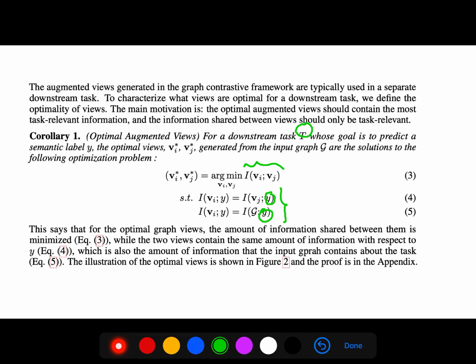First, the mutual information between V sub I and Y should be equal to the mutual information between V sub j and Y. Also, the mutual information between V sub I, one view, and the label should be equal to the mutual information of the input graph and Y.